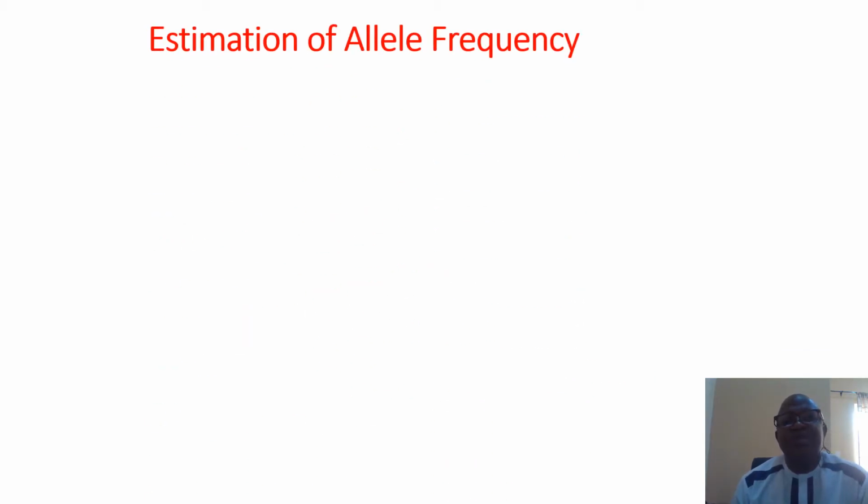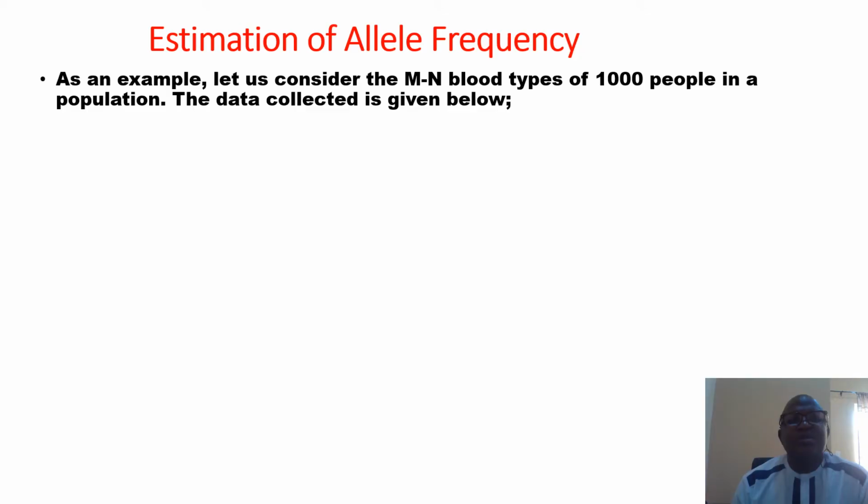Estimation of allele frequency. As an example, let us consider the MN blood type of 1,000 people in a population, and the data collected is given below.